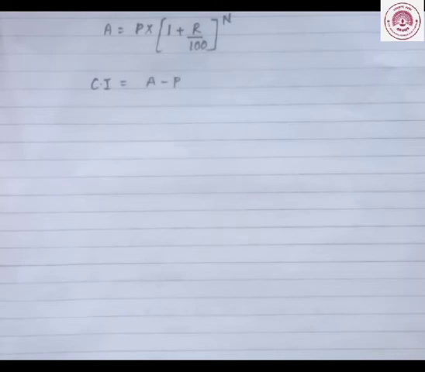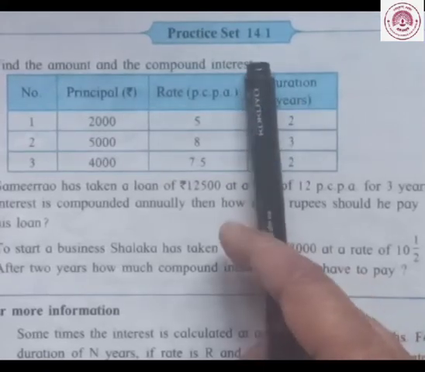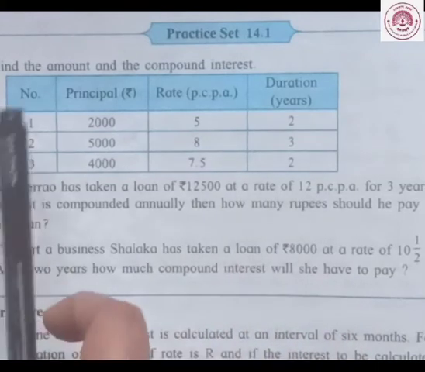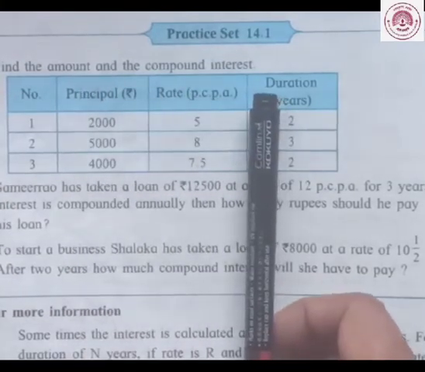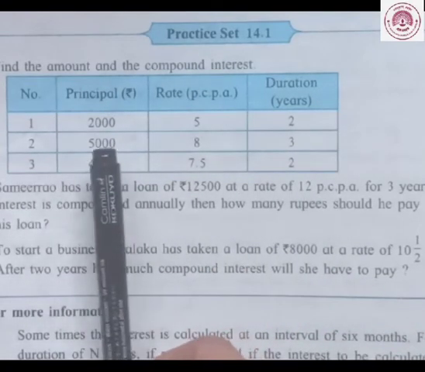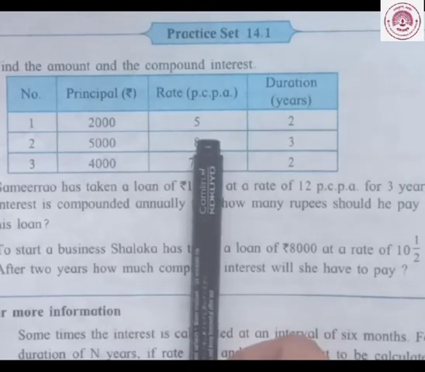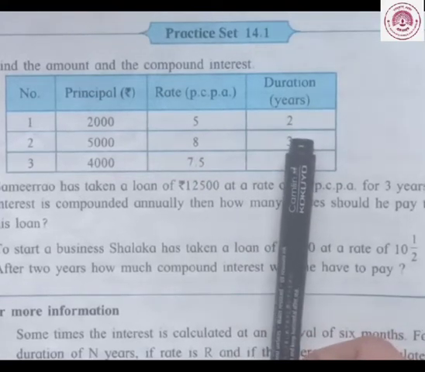Okay, so let's see the first question. The first question in practice set 14.1 is a table given here. Now we have to find the amount and the compound interest. So we will solve one question out of this table. For the first question, principal amount is rupees 2000, rate of interest is 5% per annum, duration or number of years is 2 years.